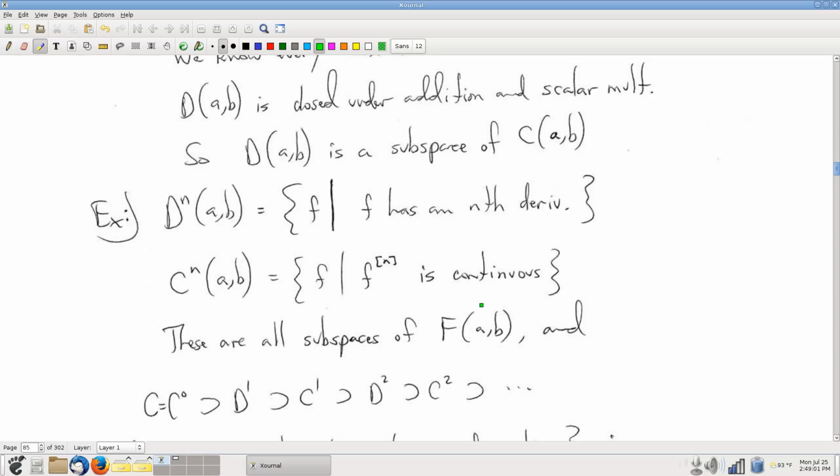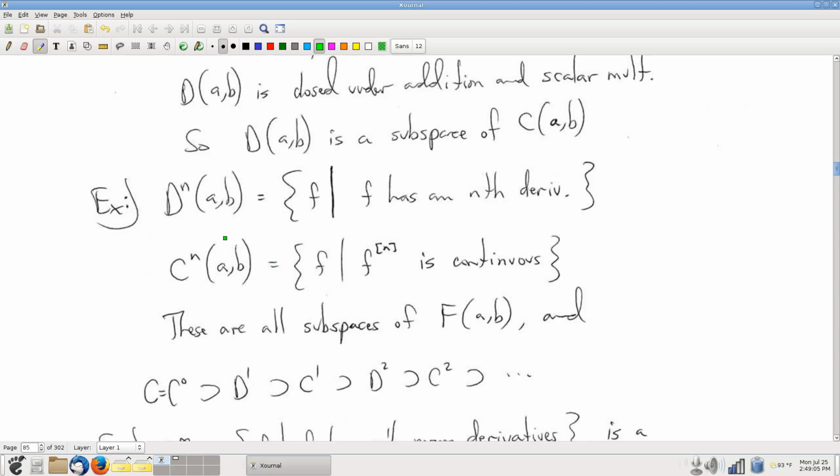And it turns out that these subspaces nest in this wonderful way. So this says every differentiable function is continuous. This says that every continuously differentiable function is differentiable. I mean, that's sort of an immediate thing. If its derivative exists and is continuous, then certainly its derivative exists.